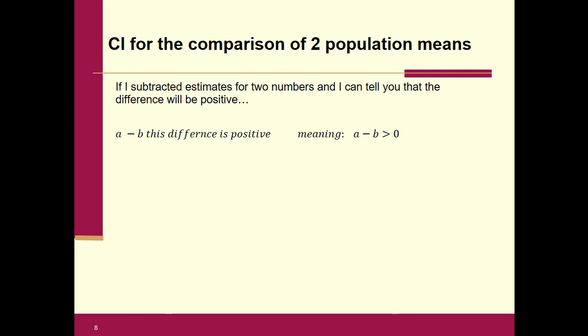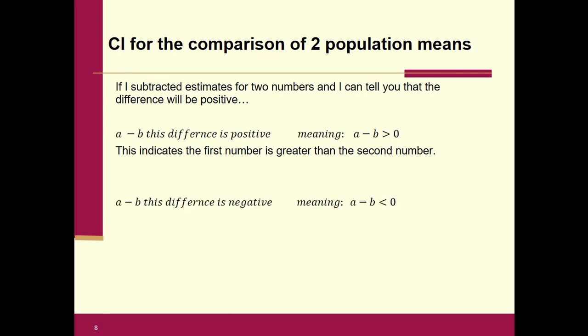So if I subtract two numbers and I can tell you that the result is positive, that indicates the first number has to be greater than the second number. Keep that in mind. This simple idea is going to help us understand how to interpret the confidence intervals.